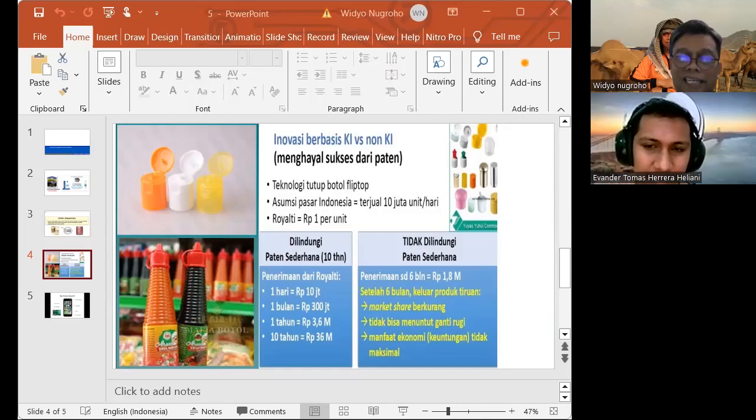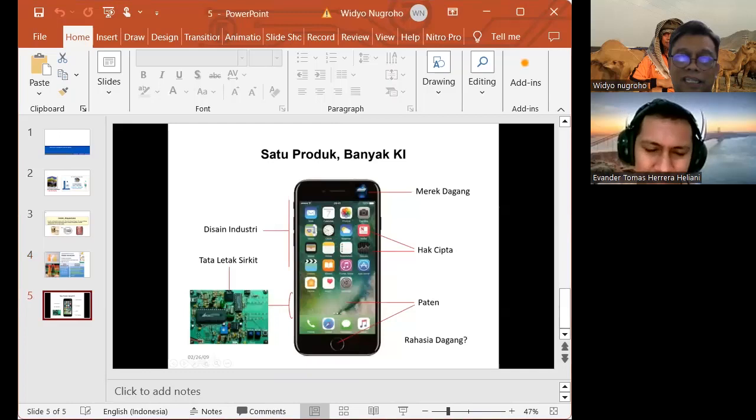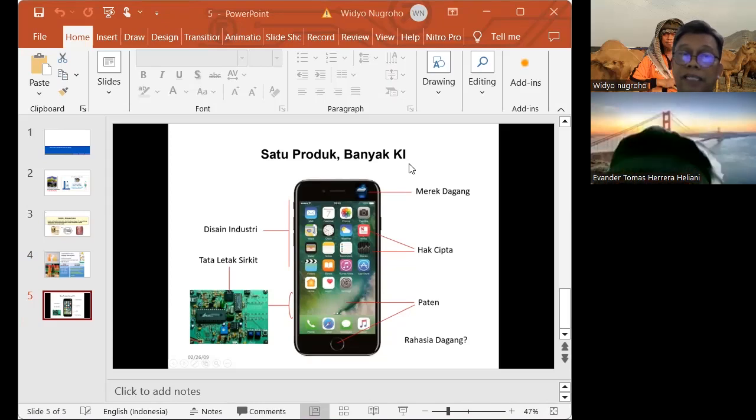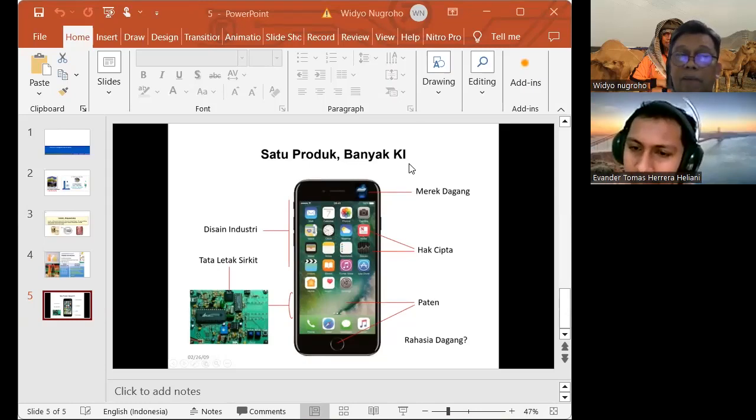Next, let's see how one product can have multiple intellectual properties. Why? Because in this HP product, there are several types of intellectual property. For example, industrial design for the HP with a slim shape that fits easily into a pocket.